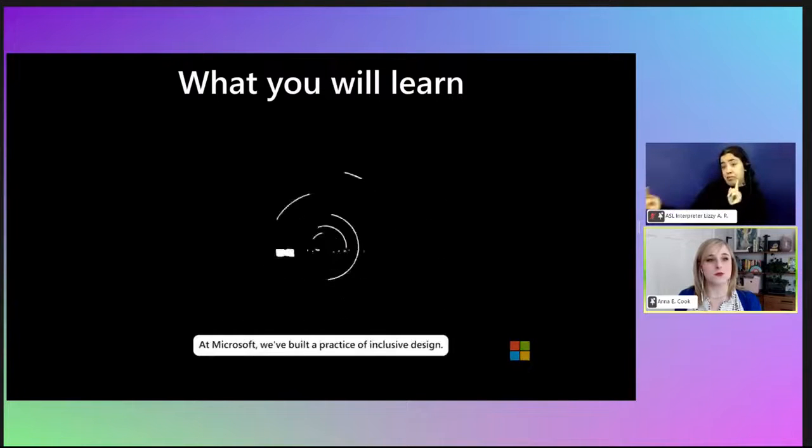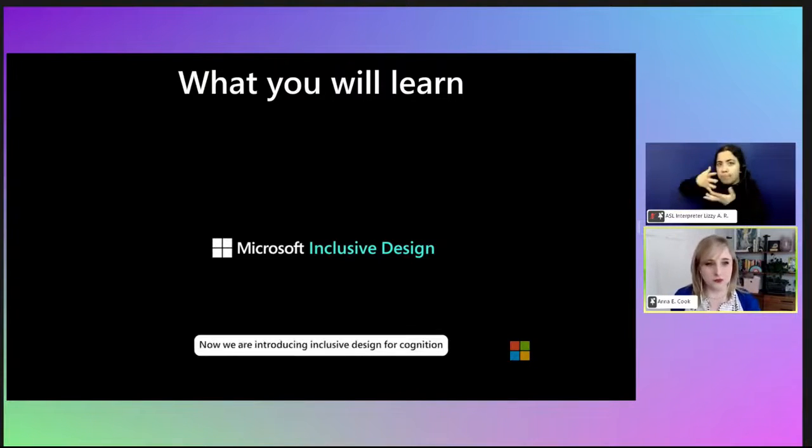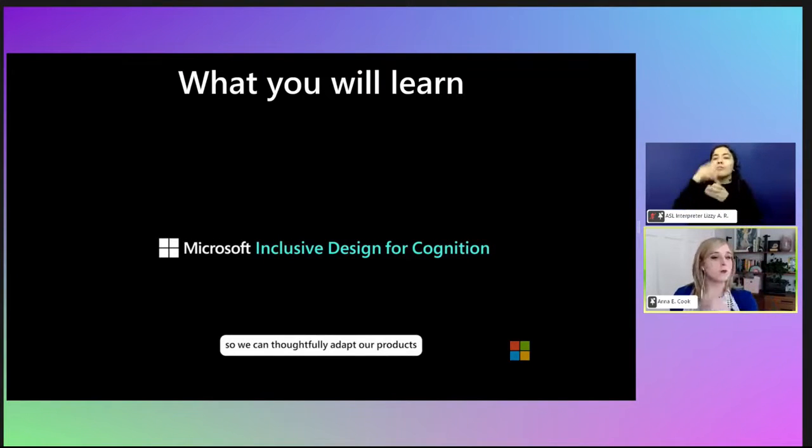There's a better way. At Microsoft, we've built a practice of inclusive design. The methods we use talk about exclusion from the start, and the awareness that exclusion happens unless we deliberately work against it. Now, we're introducing inclusive design for cognition, so we can thoughtfully adapt our products to the way people think, instead of asking people to adapt to products.